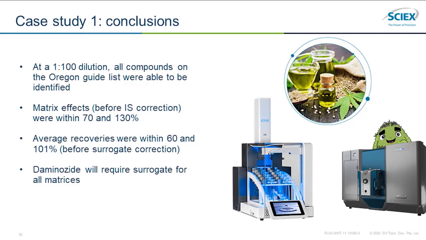So with a surrogate, we could increase those quite a bit. And daminozide, because of that variability, I always suggest getting a surrogate for all matrices for daminozide. And the daminozide isotope labeled standard is pretty cheap comparatively, so it's a good thing to just throw in and add to your method.